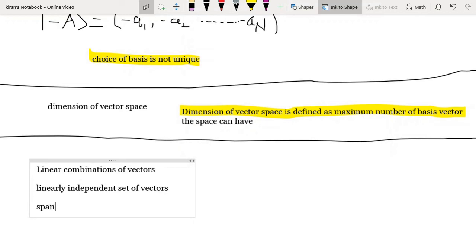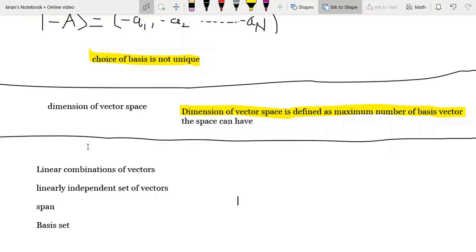Then we discussed span and basis set. So let's summarize it. What is linear combination of vectors? Linear combination of vectors is nothing but you combine the vectors and scalars linearly to represent another vector.